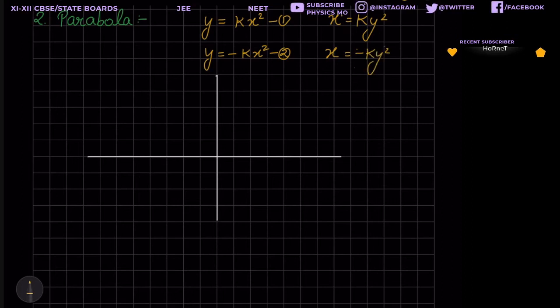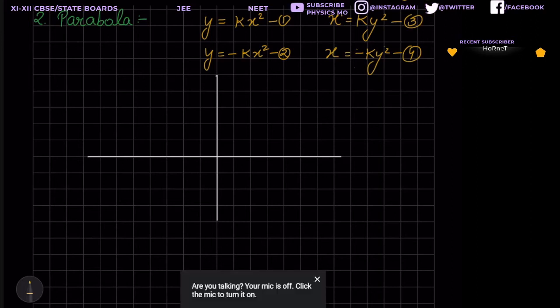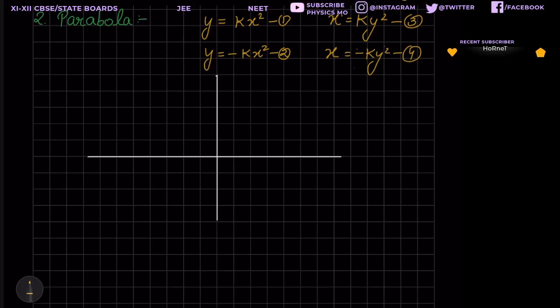These are like 4 types. So the main point is that one term is squared and the other term is linear. Like x का स्क्वायर है y लीनियर है, या फिर y का स्क्वायर है x लीनियर है, या फिर एक कोई उनमें से नेगेटिव है. दिस इज हाउ यू कैन थिंक, एंड दिस इज लाइक देयर 4 टाइप्स.